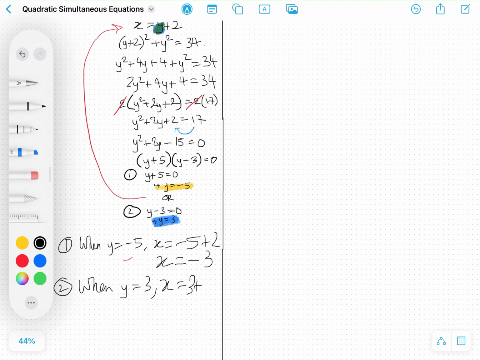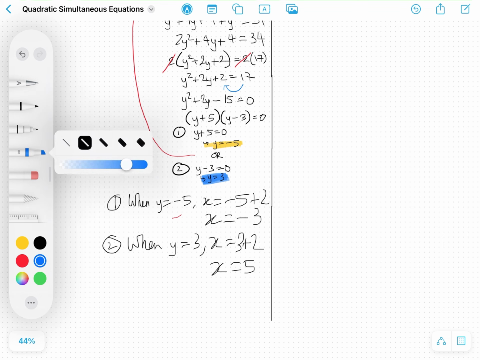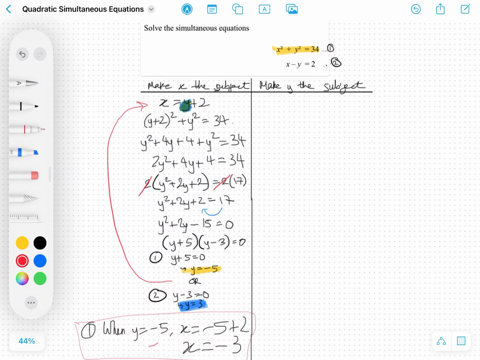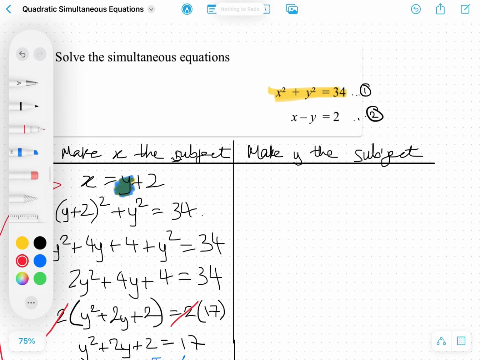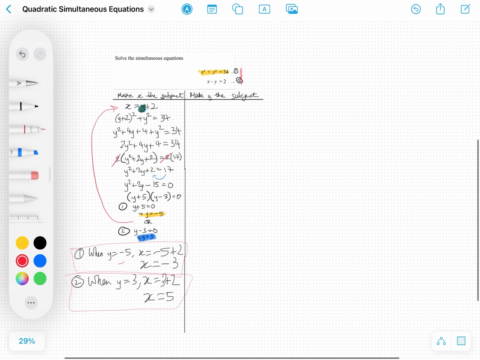So that becomes x equals 3 plus 2. So therefore, sorry, x is equal to 5. Here we have our two solutions for the quadratic simultaneous equation. And in the exam, we should substitute them back into the original equations, 1 and 2, to check that they work.